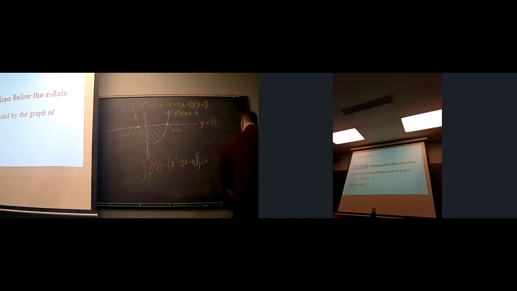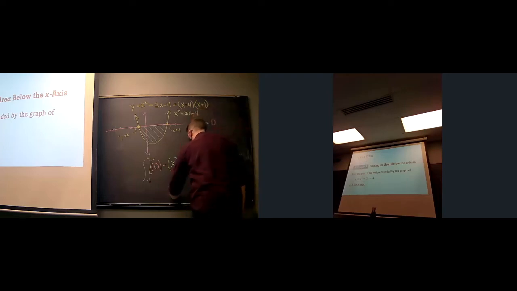What's going to happen now is that all we're going to end up with is the integral from -1 to 4 of negative x squared minus 3x minus 4 integrated with respect to x. Which we can rewrite because we can distribute this negative sign all the way through.